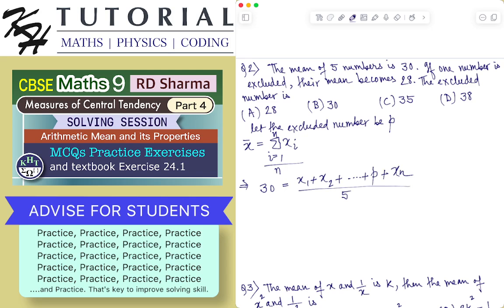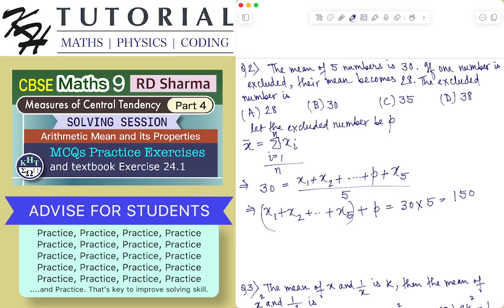Doing cross multiplication, I have x1 plus x2 up to x5, and then the number which was excluded, p, equal to 30 multiplied by 5, which is 150.